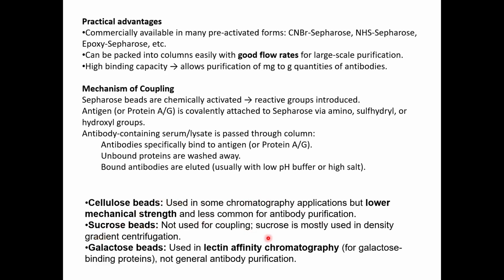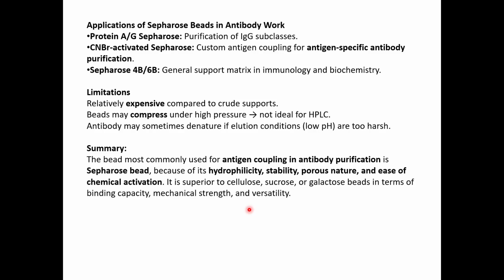Sucrose is not used for coupling; it is used mostly in density gradient centrifugation. And galactose beads are used in lectin affinity, not in antibody affinity. This is generally for sugar-binding proteins, like galactose-binding proteins, etc. So these are a few applications of Sepharose beads and antibodies.